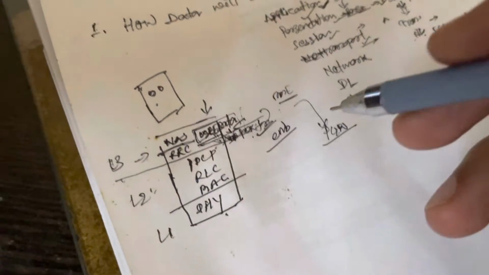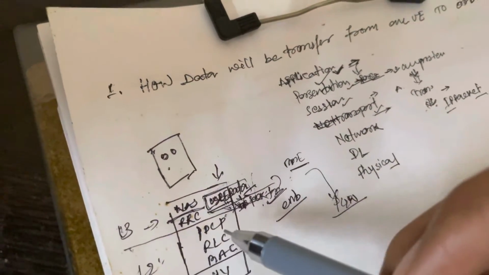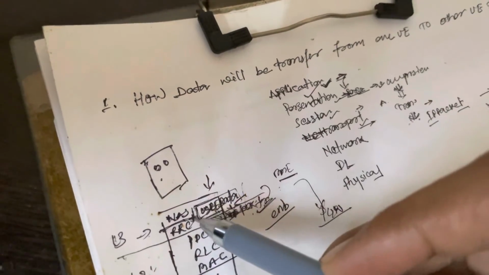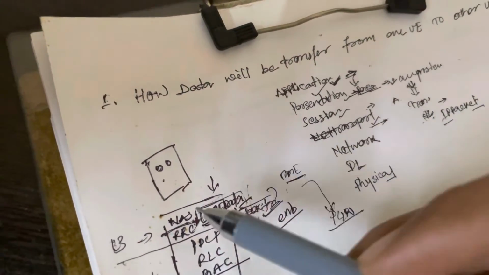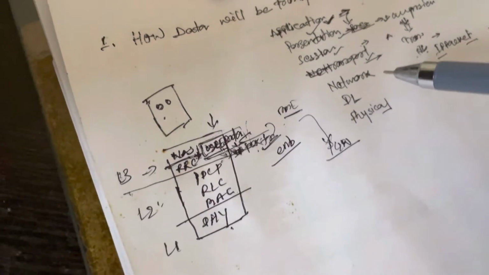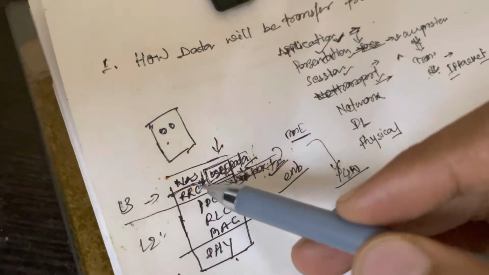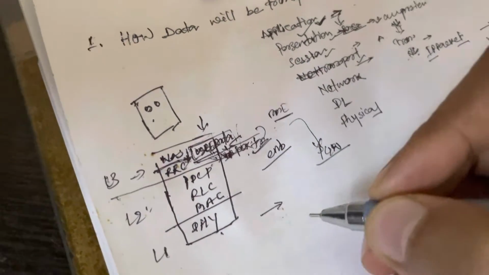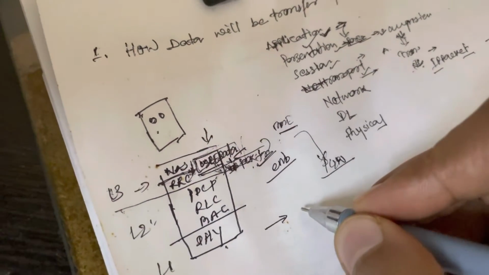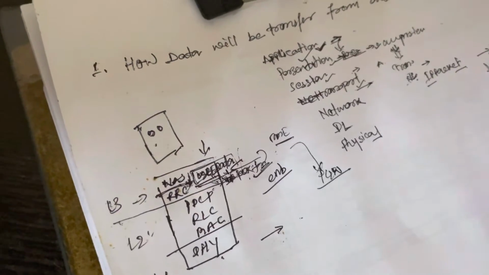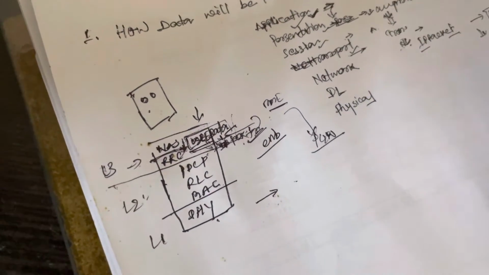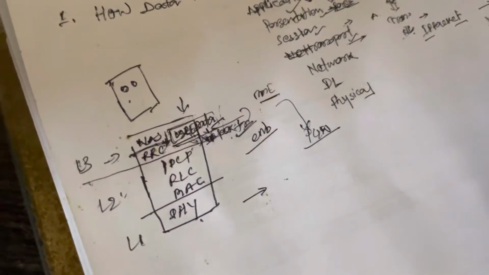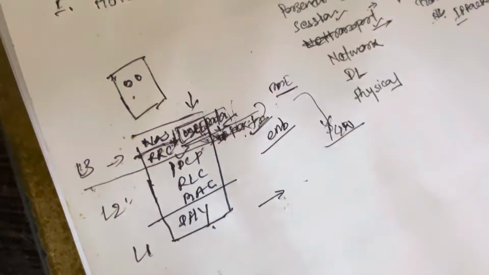It cannot bypass the eNodeB, okay, so it goes through RRC. First what the UE will do is establish the radio connection with the eNodeB, okay. So how will the UE connect the radio signal? Through the RRC message.